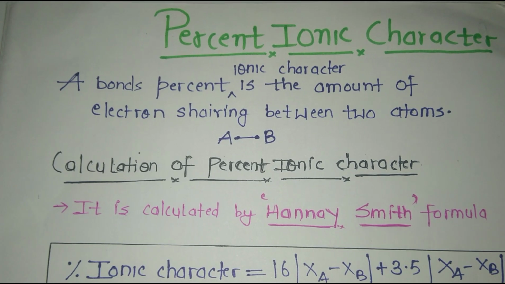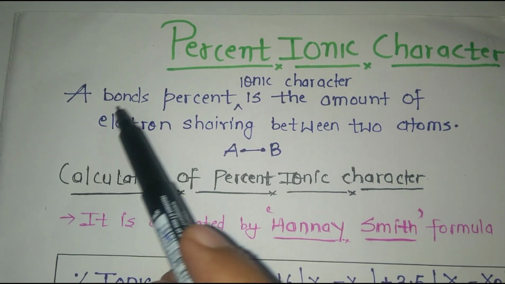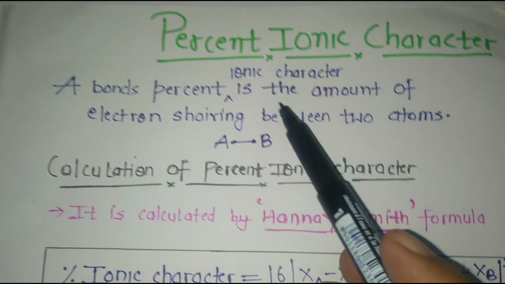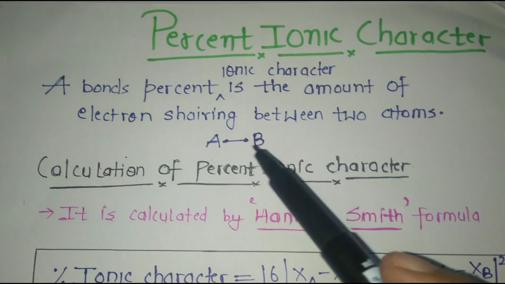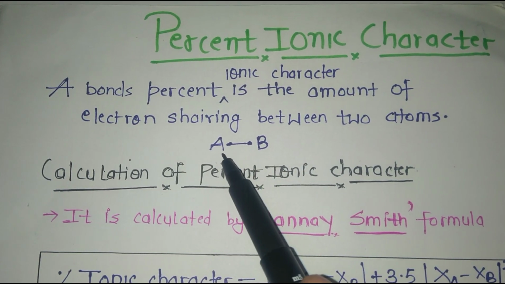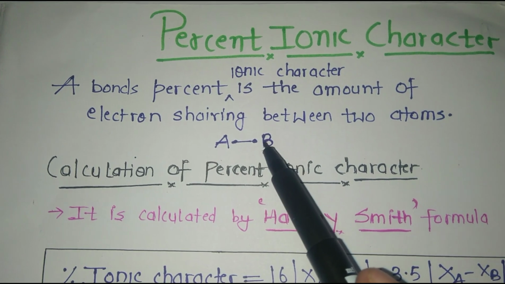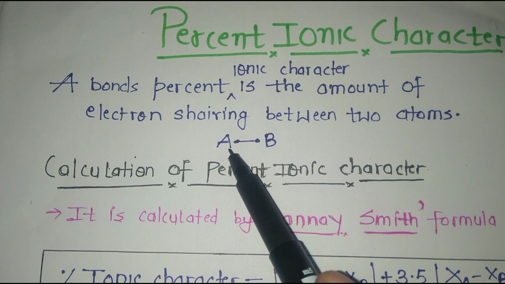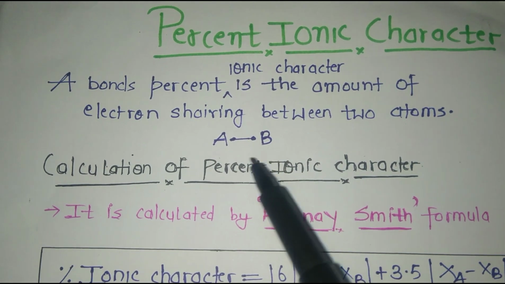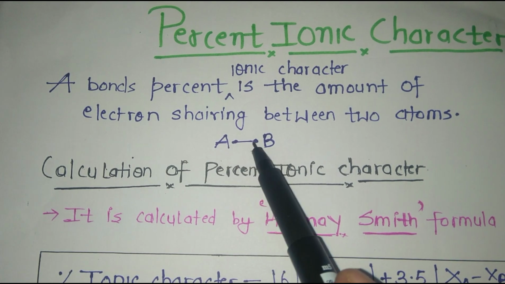Here percent ionic character is defined as the amount of electron sharing between two atoms in a bond. Say for example, I have a molecule AB, formed by atom A and atom B. Now these two atoms share some electrons through this single bond.